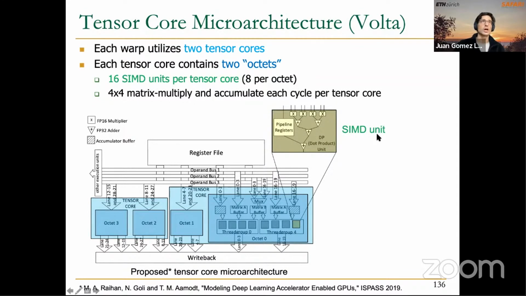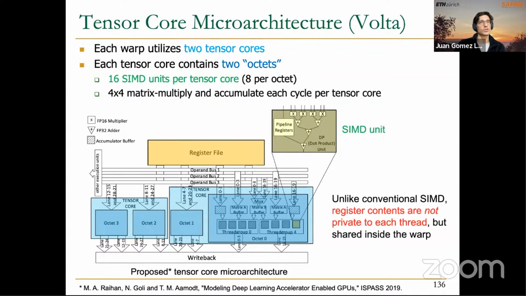That's why the most modern and powerful GPUs are so good at machine learning workloads, because they have these units to execute dot products and matrix multiplications in an extremely fast manner. But in the end, it's nothing but a SIMD unit similar to the concept we have described in this lecture.